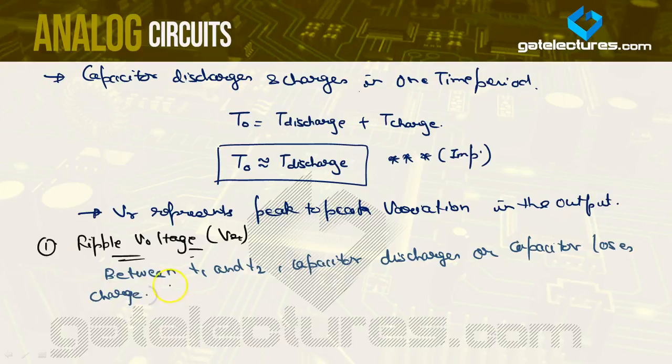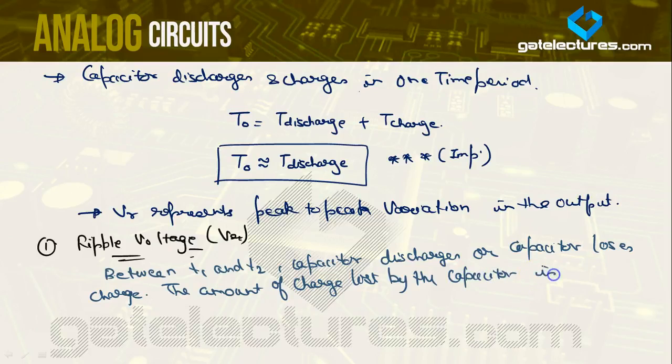So the amount of charge lost by the capacitor is C into delta V, or C into VR.